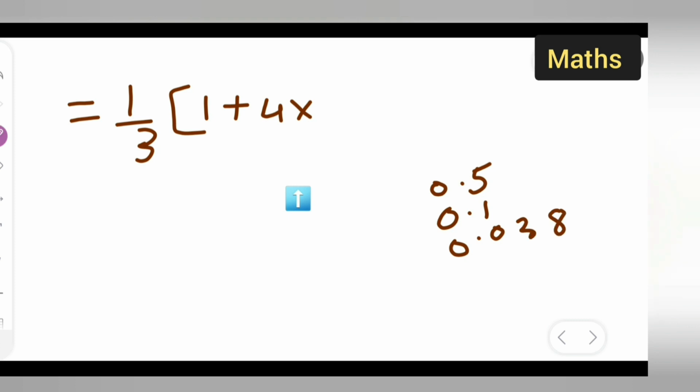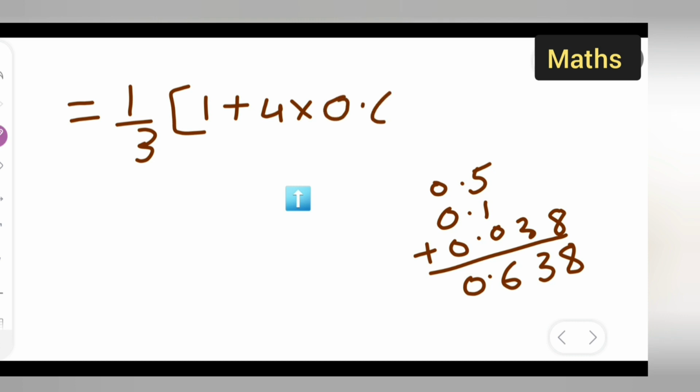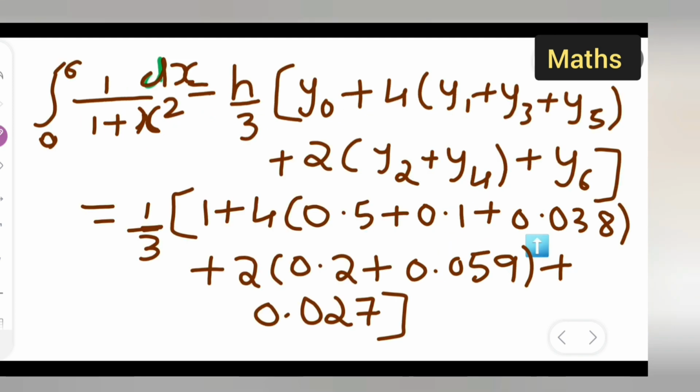You all have to add and see what answer you are getting. 8, 3, then 5 plus 1 is 6. So you are getting 0.638. So write down 0.638.